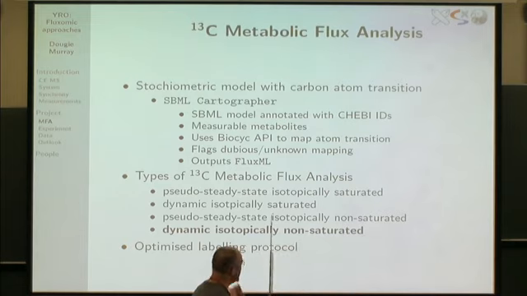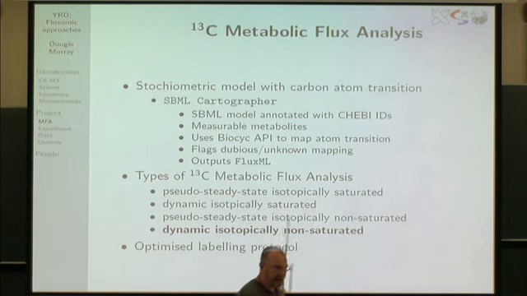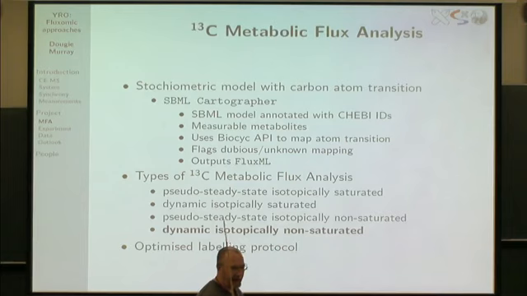Then we run the BioCyc API on that to get the atom transitions. Then we can flag dubious and unknown mappings, and we output a standard called FluxML, which is 13C MFA ML. This seems to be working quite successfully, although we need to look at the network a bit more.